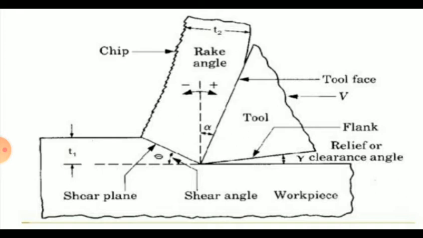So these are the different elements shown. Here T1 is the uncut chip thickness, and at the top on the chip, T2 is shown, the cut chip thickness.